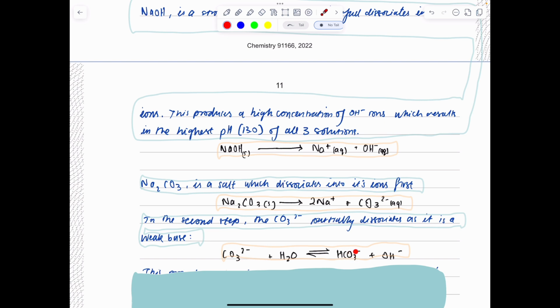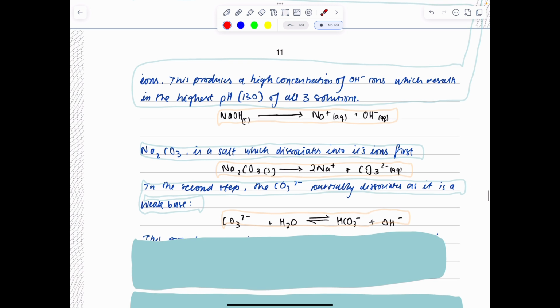It's a minus charge now because it's gained a positive hydrogen. So that means it goes from 2 minus to 1 minus. And then because it's taken away a hydrogen from water, the water turns into OH-.